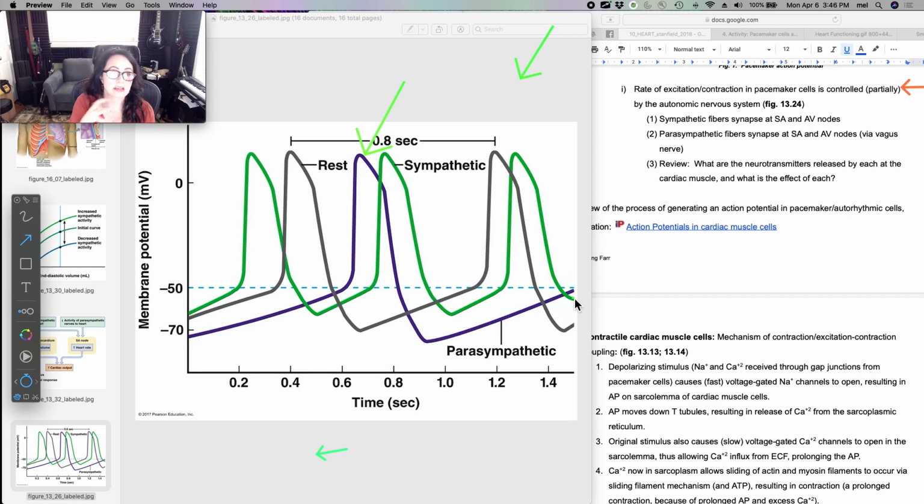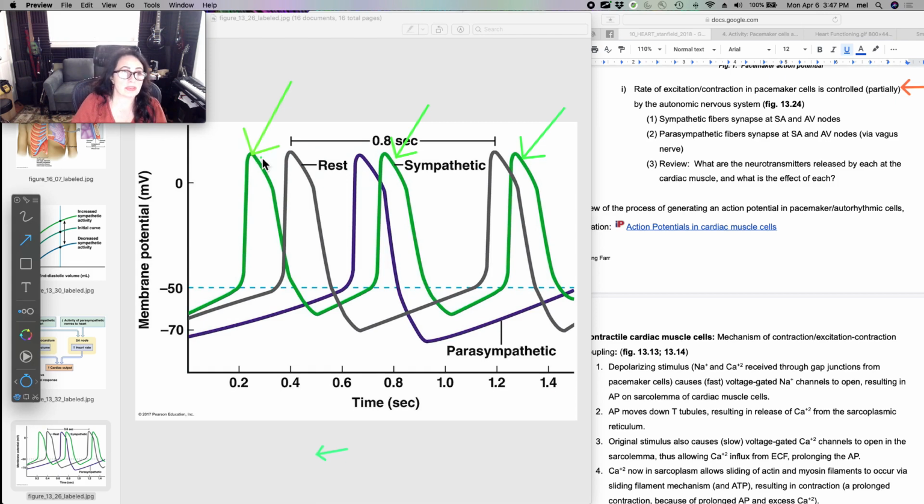And the sympathetic nervous system, however, if you were on your way to threshold and then you release the neurotransmitter norepinephrine, that makes you hit threshold faster, then notice that you hit threshold and get an action potential much faster. So if this one was at rest, depolarizing about 100 times per minute, when I stimulate it with the parasympathetic nervous system, it can slow down to 80, 65, whatever.